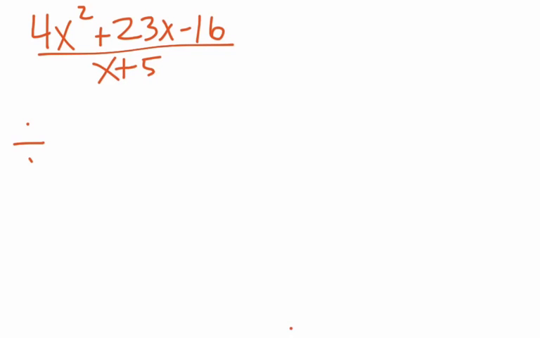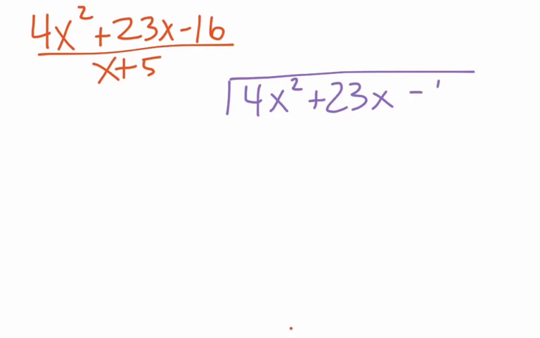You could see it written with that other more traditional division symbol as well. So here's what we'll do. We'll set up the division the same way that we set up the division with the numbers. We take the 4x squared plus 23x minus 16 and put that on the inside, and then we put the x plus 5 on the outside.